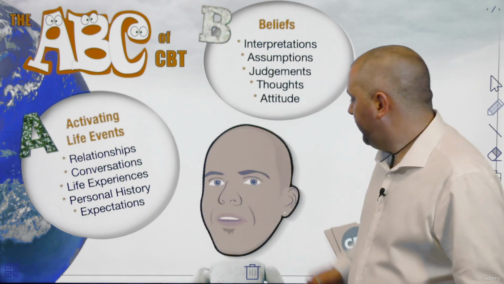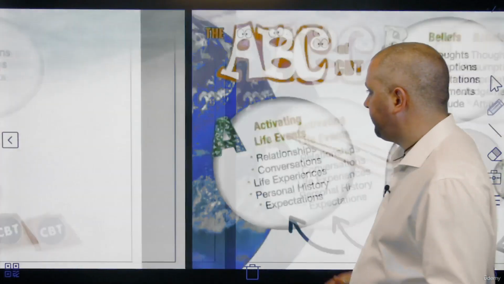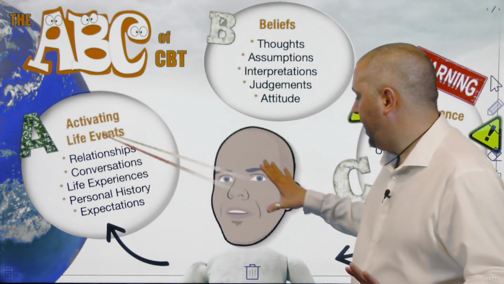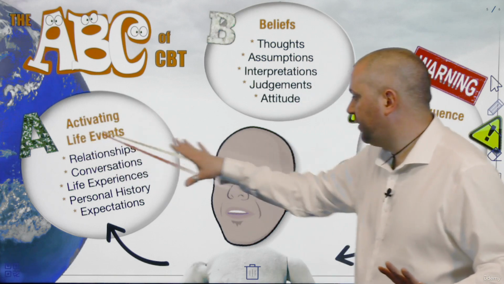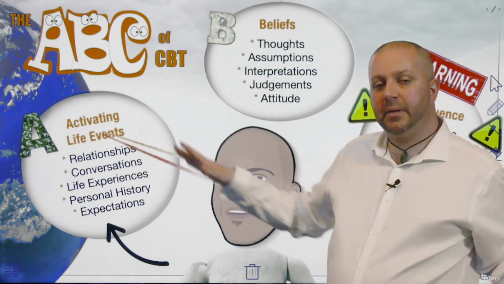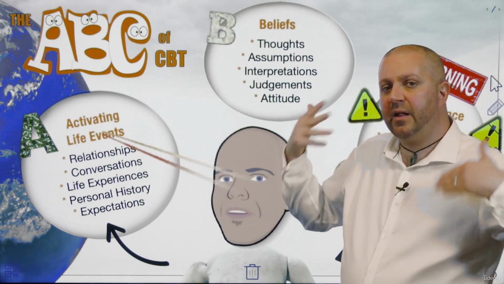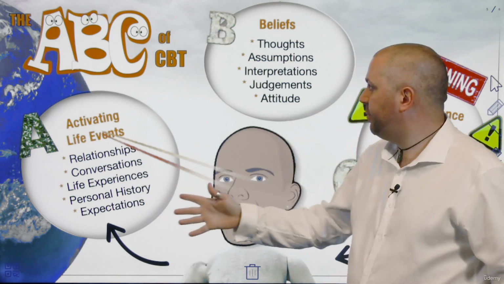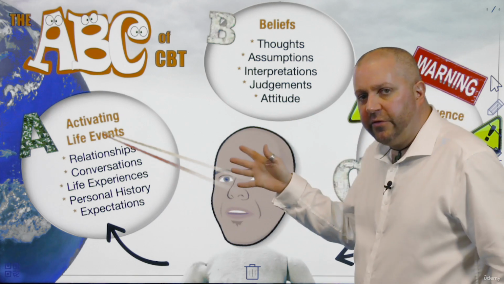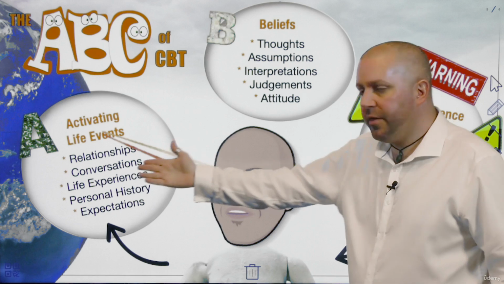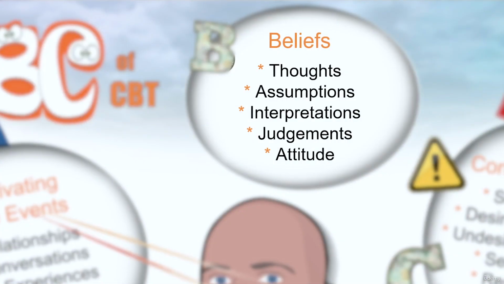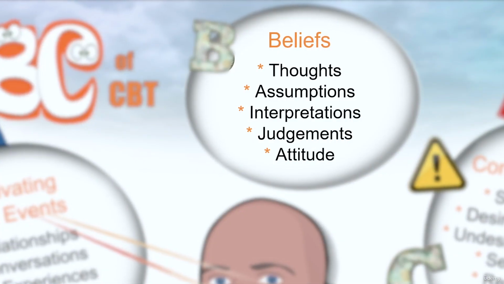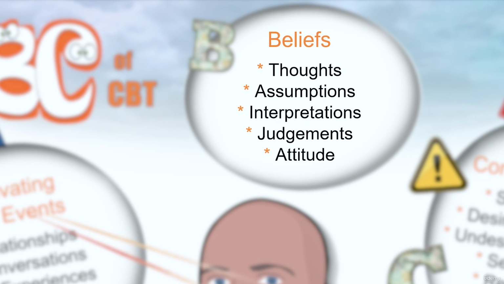So this ABC of CBT model kind of looks like this. Activating events happen. Now, if we focus on these activating events and are completely unaware of how we're internally processing these experiences, we're not necessarily going to be aware of the thoughts that we're thinking about these things, the assumptions that we're making about those people, those conversations, those experiences.